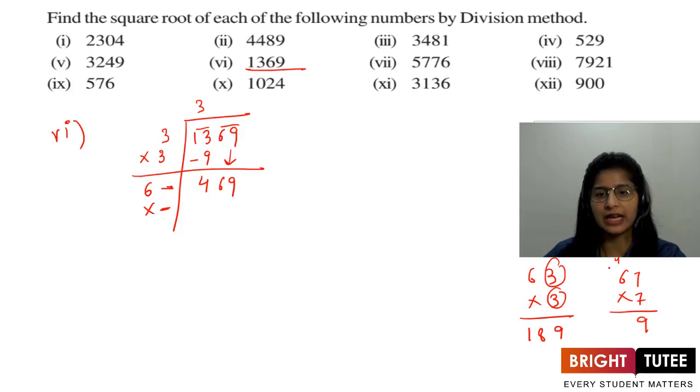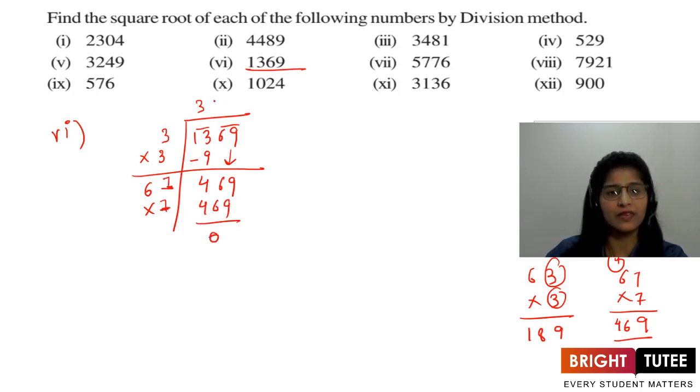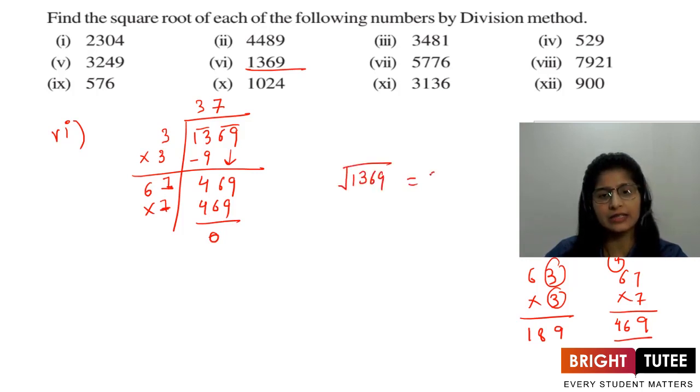So 4 is the carry. 7 4s are 28, 7 6s are 42, and 4 is 46. Clear? So we get at 7, 469, and the remainder is 0. So what we will write here? 7. So square root of 1369 is 37.